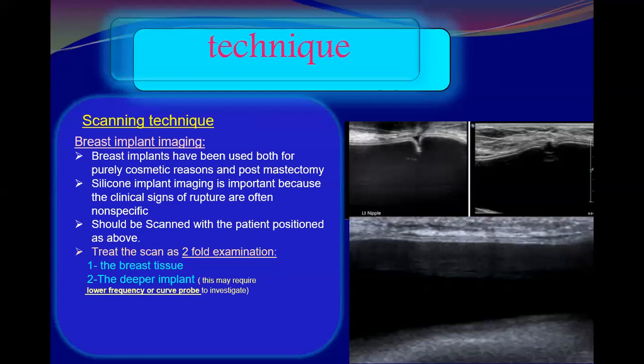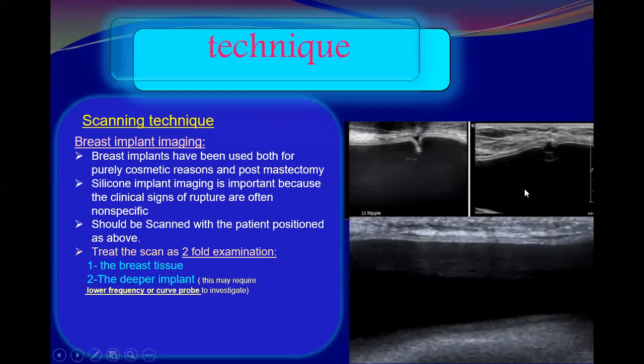Then go and scan for the implant. Don't look at the implant apart from the breast. Complete your study regarding the breast, then complete regarding the implant, or the reverse. You can start with the implant, scan for the implant looking for its integrity and any abnormality, its type and everything, with the information you can get, and then go and scan the breast.